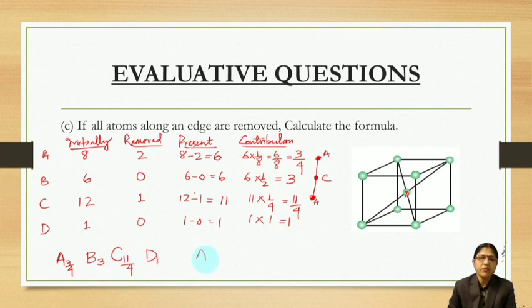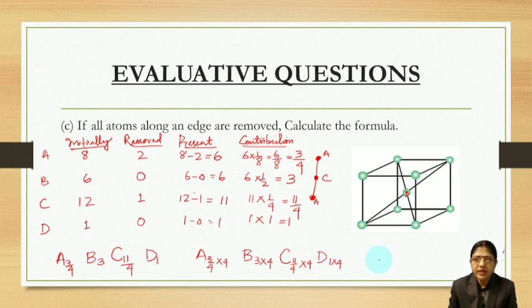If you multiply by 4, we get A 3 by 4 into 4, B 3 into 4, C 11 by 4 into 4, D 1 into 4.